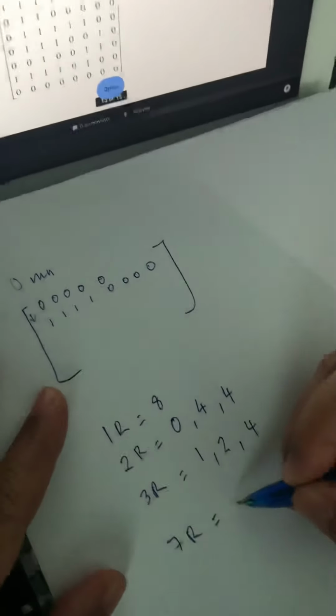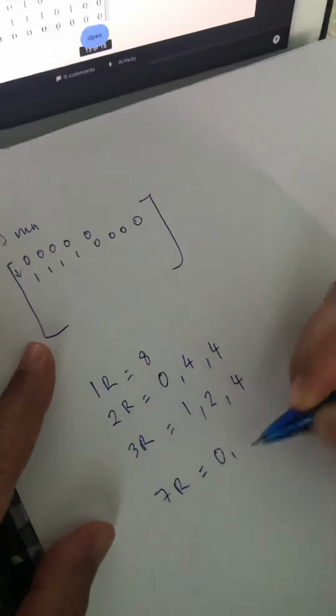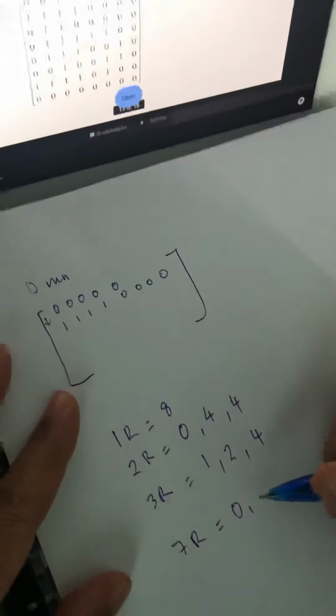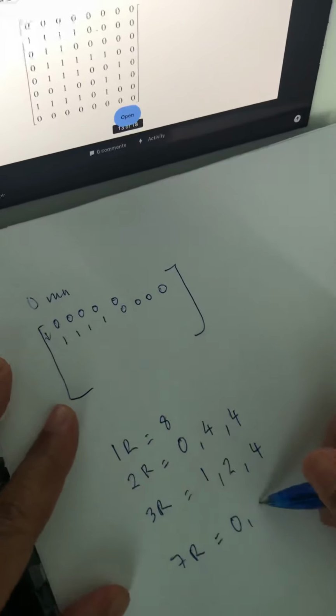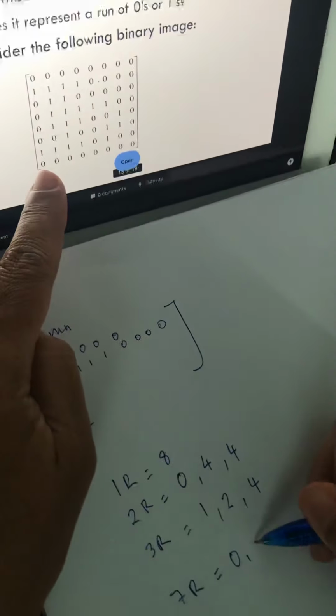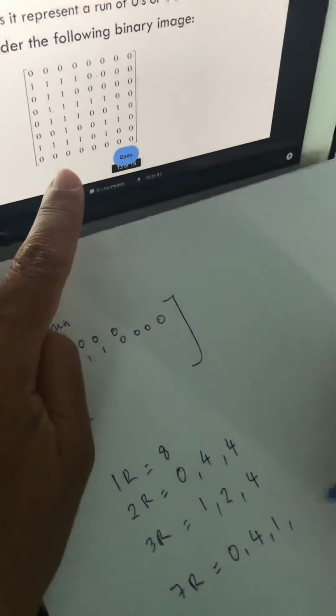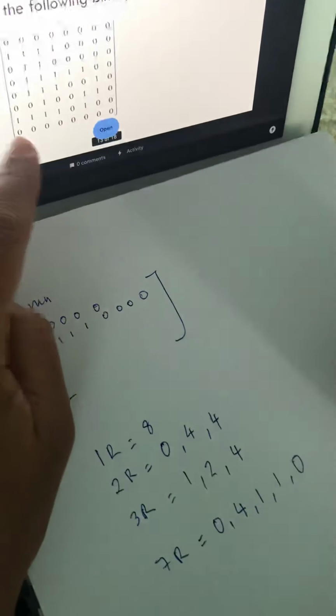Then in the first column there will be no 0, so you have to write the 0 first. Then you count the number of 1, which is 4, 1, 1 and 0.